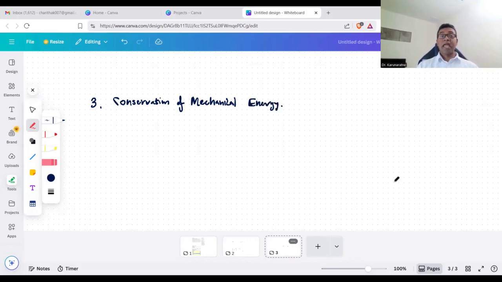In the absence of external resistive forces, the total mechanical energy of a system does not change. So that's what we call conservation of mechanical energy.